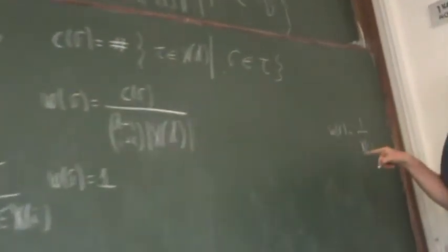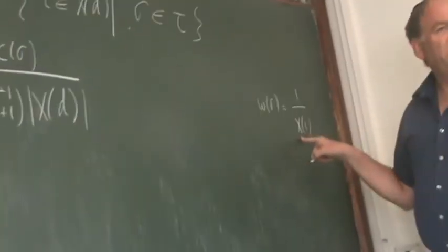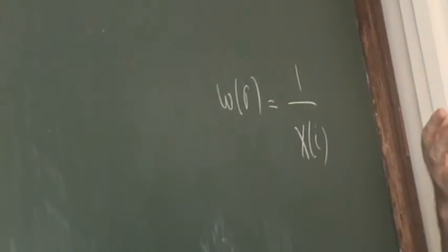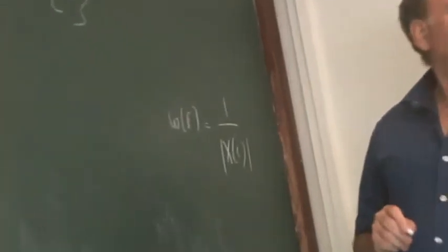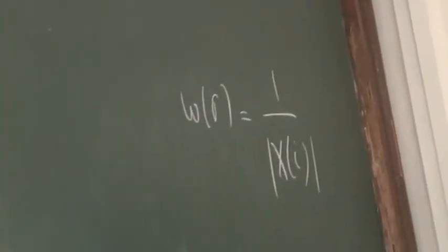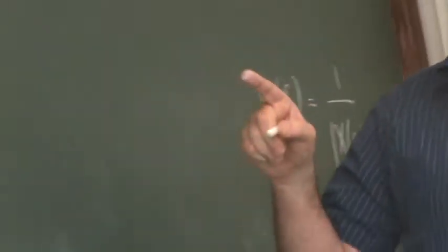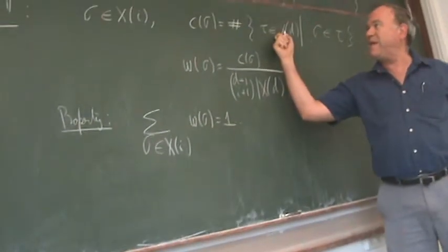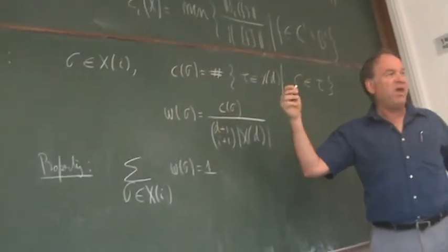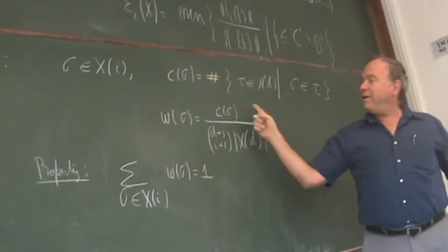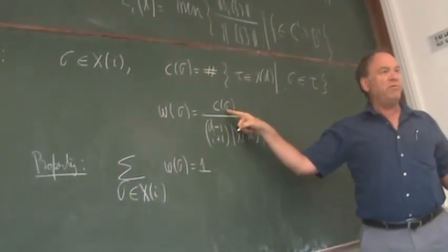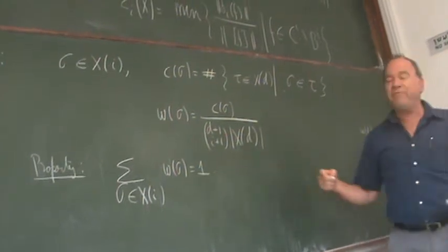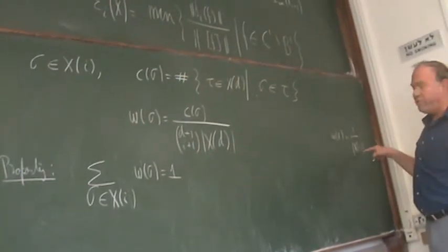It is anyway equal to 1 over |X(i)| if we are in a very regular situation, namely if for every i-cell the number of d-cells containing it is the same. Then you don't have to compute it, because all of them have the same weight and the total weight is 1, and therefore the weight must be 1 over |X(i)|.